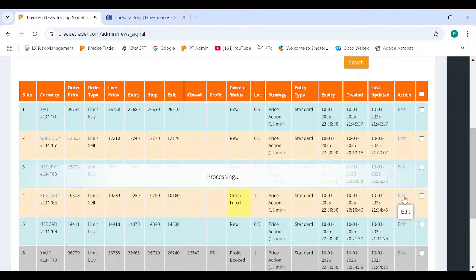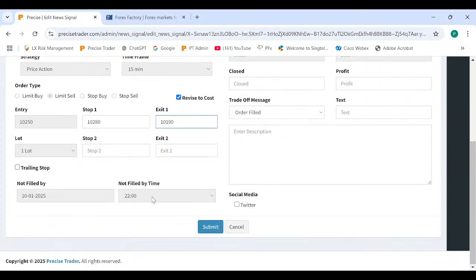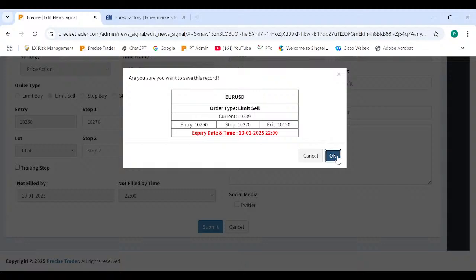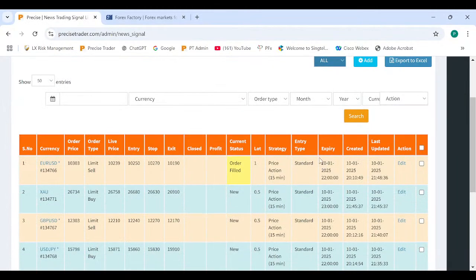I want to raise it to 190, and for the stop I also want to reduce by 10 pips. So always remember, we should be reducing the stop and adjusting the levels and seeing where the market goes.